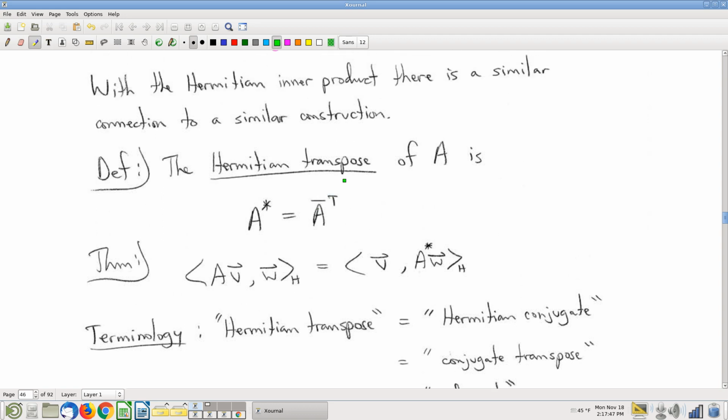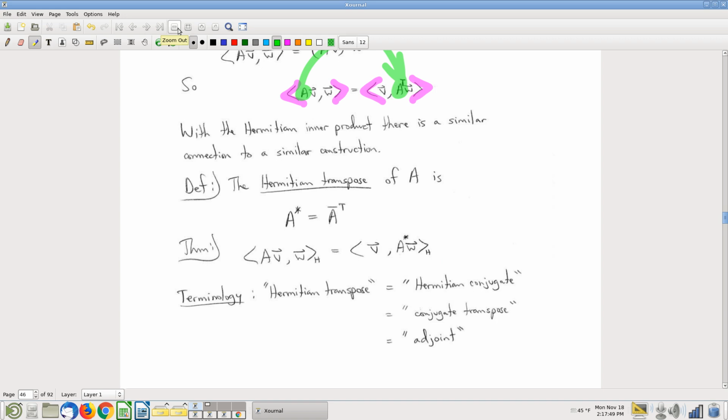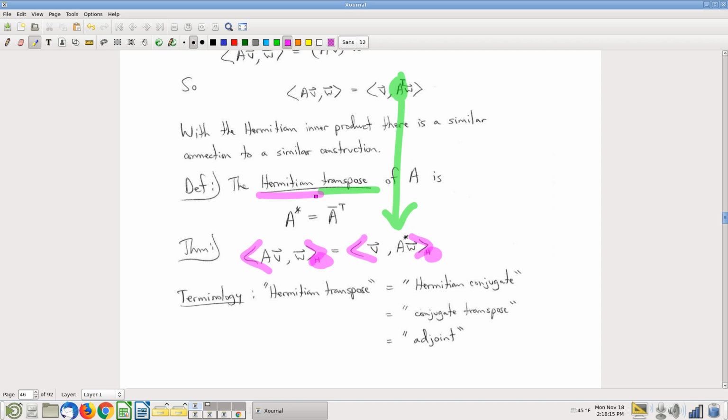This construction is kind of transpose-like in terms of how it plays with the dot product, but it's Hermitian in the sense that it does so in relation to the Hermitian dot product. So thus the name Hermitian transpose.